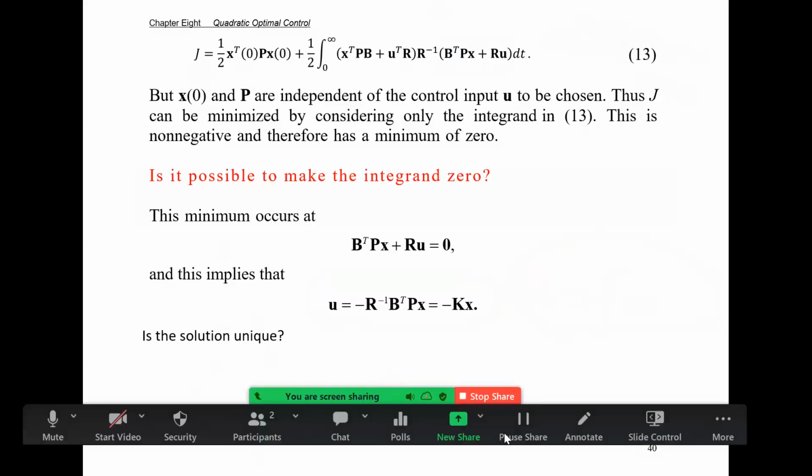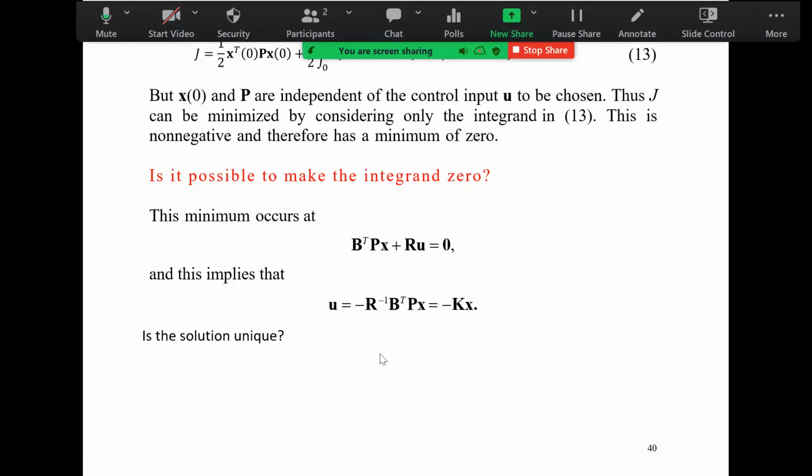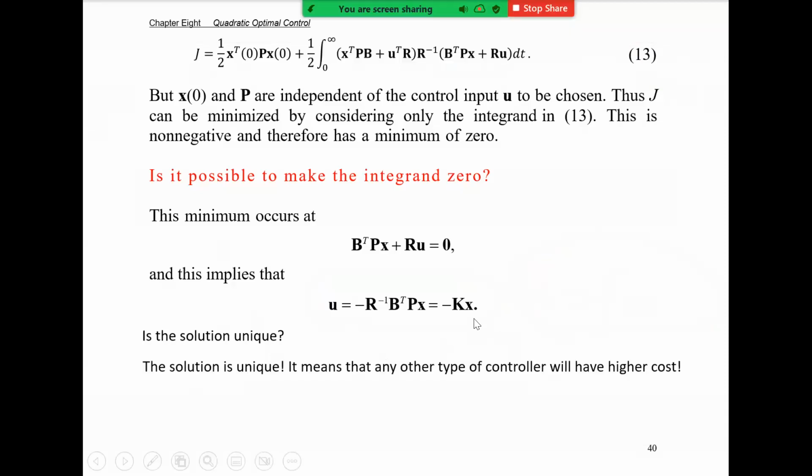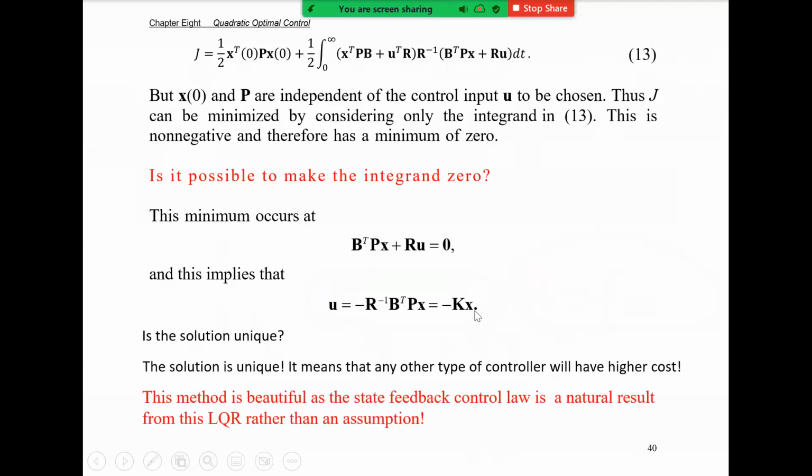And also we show you the linear controller. You may say, hey, the form is so simple, but that is the only controller which can minimize this cost function. So this is a beautiful result, because we show that the state feedback controller is a natural result from this linear quadratic regulation rather than an assumption.